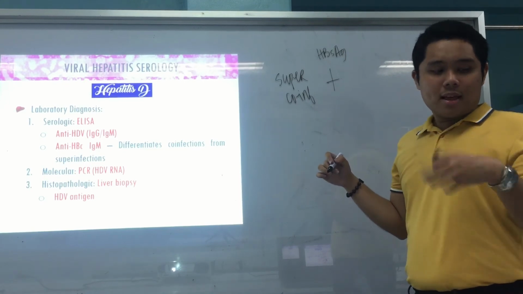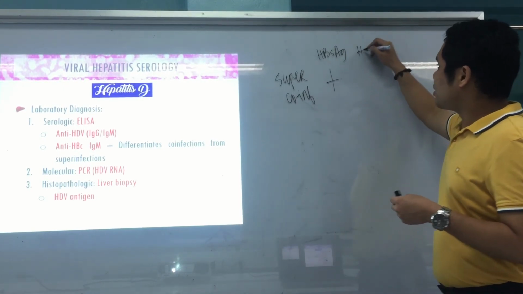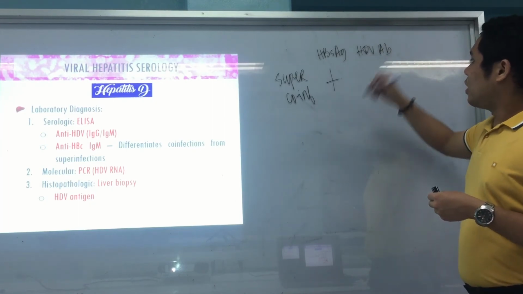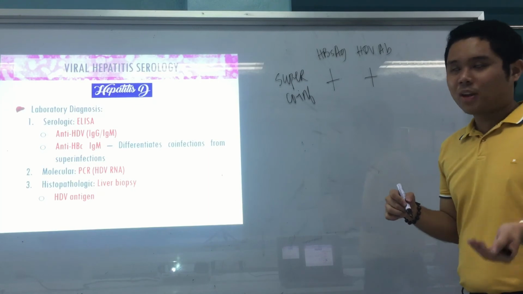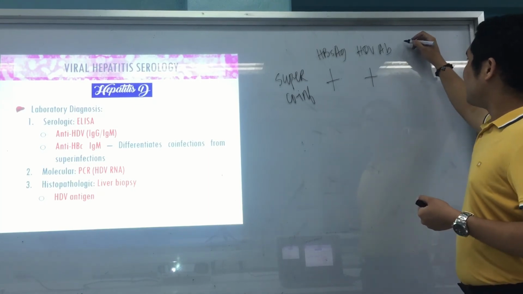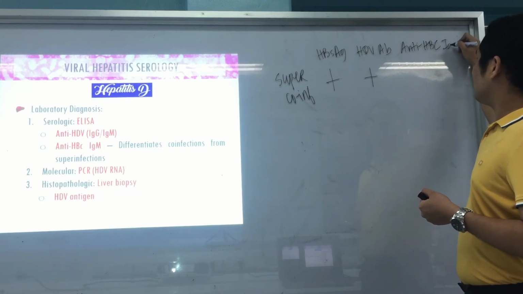It means that there was already a hepatitis B infection. And of course, next is for the HBV antibodies. Of course, positive for both, because again, both are caused by hepatitis B. Okay. Next, you then check for anti-HBc IgM. Okay.